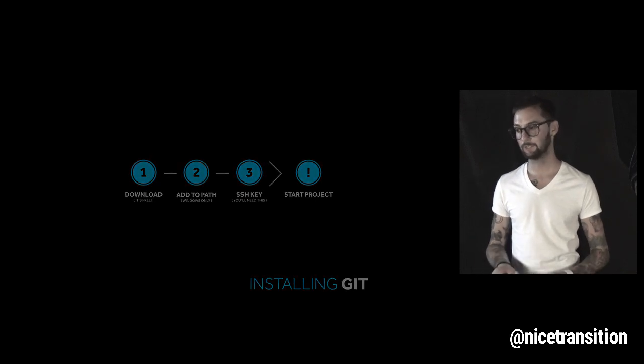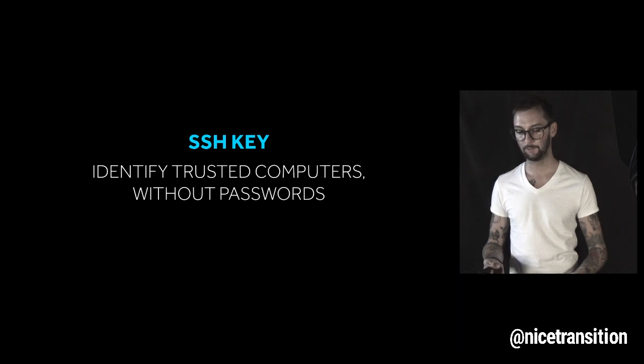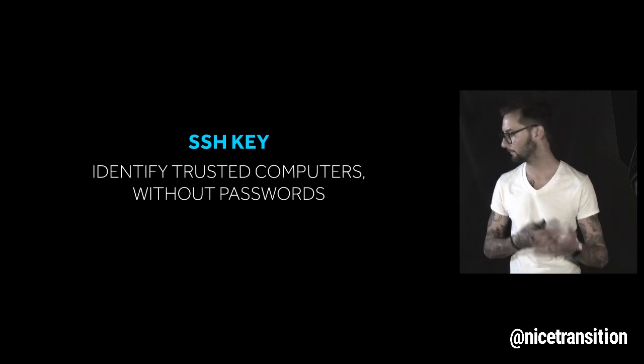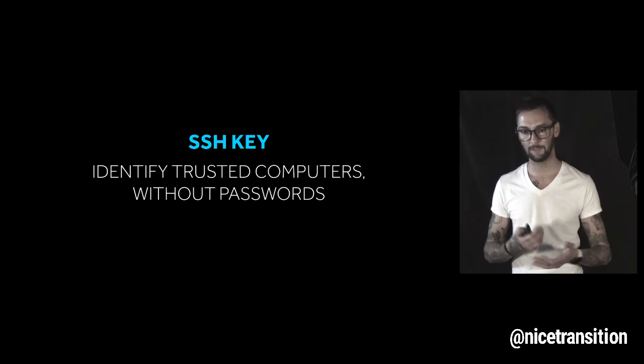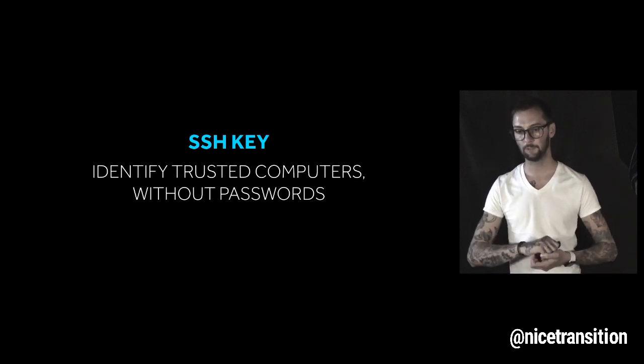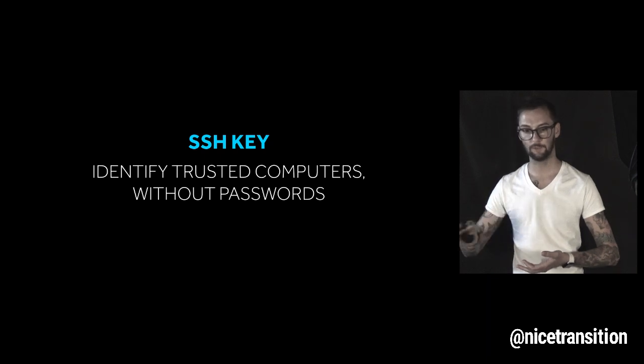An SSH key, and this isn't just in Git, but anything where you want a secure connection between yourself and a remote code base or remote anything, you create an SSH key, which allows you to have this handshake from your computer to an external server so they can communicate back and forth.